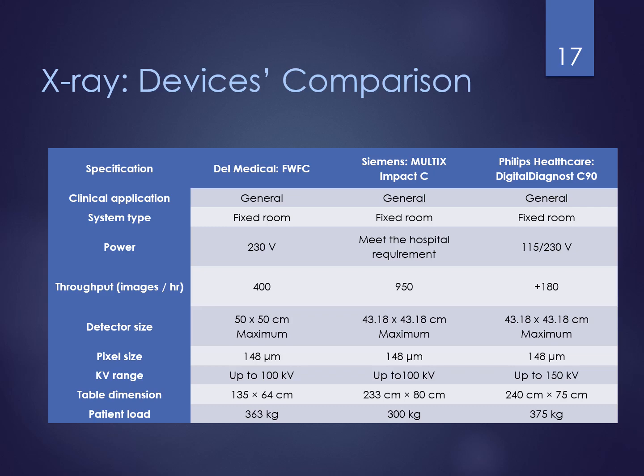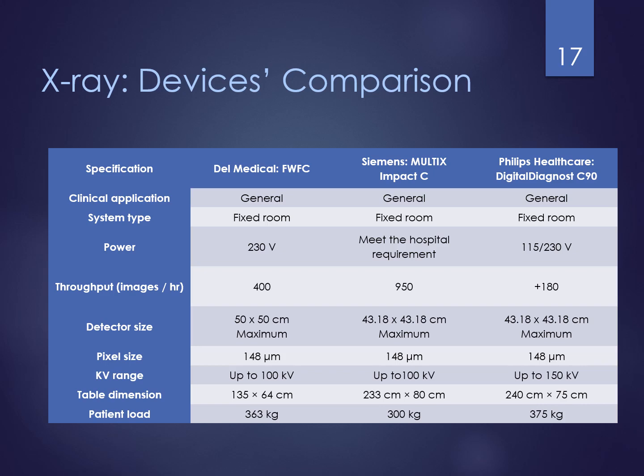For the detector size, Siemens and Philips have the same size of detector, and the Dell Medical machine detector is a little bit larger. The pixel size of all three X-ray machines is the same, which is 148 micrometer, and the kilovoltage range for the Dell Medical and Siemens machines is up to 100 kilovolts, and for the Philips it is up to 150 kilovolt.